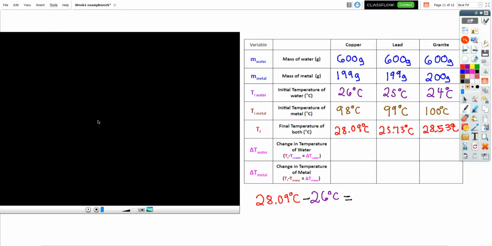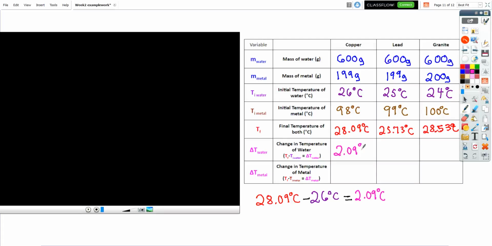I always strongly encourage getting out your calculator. So 28.09 minus 26 gives us 2.09 degrees Celsius.